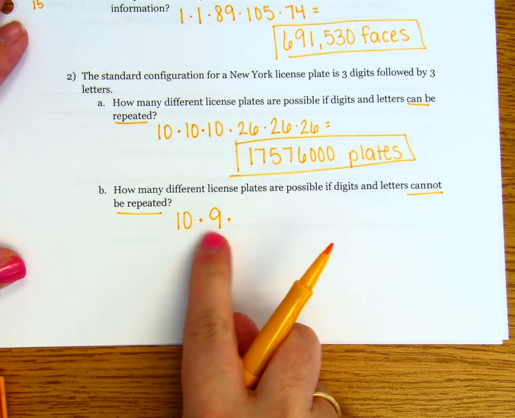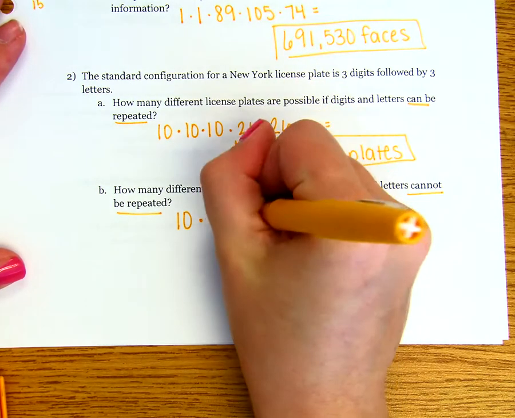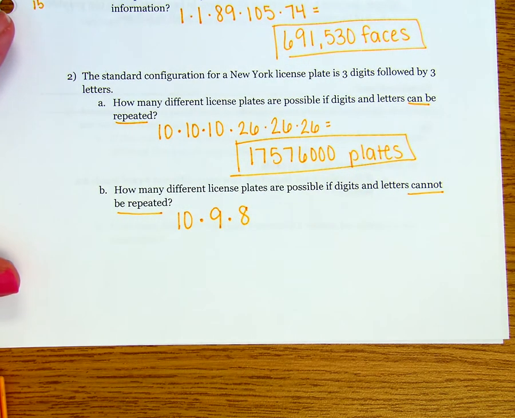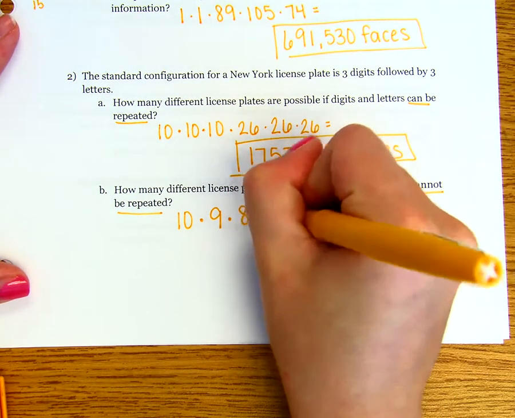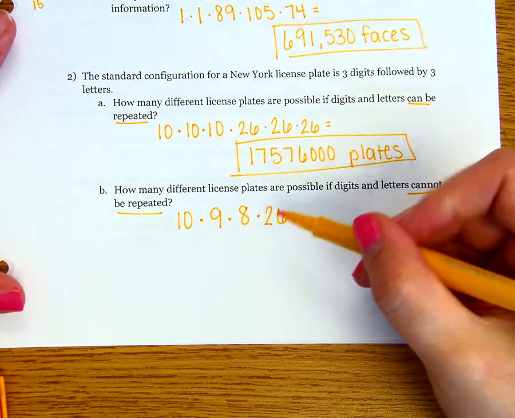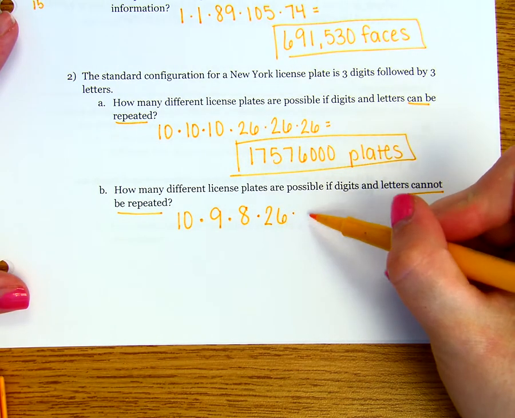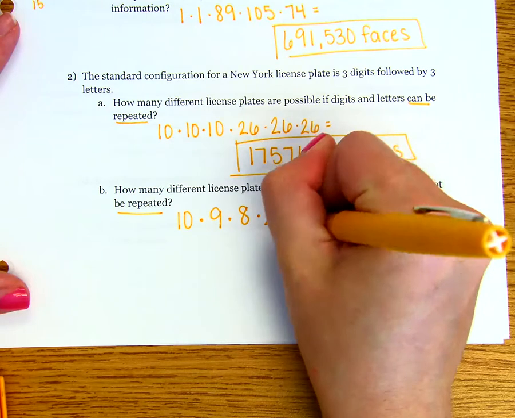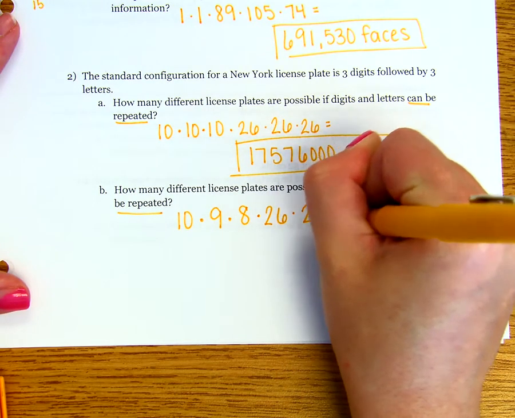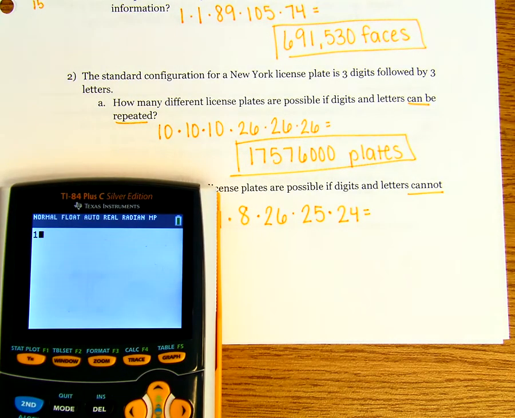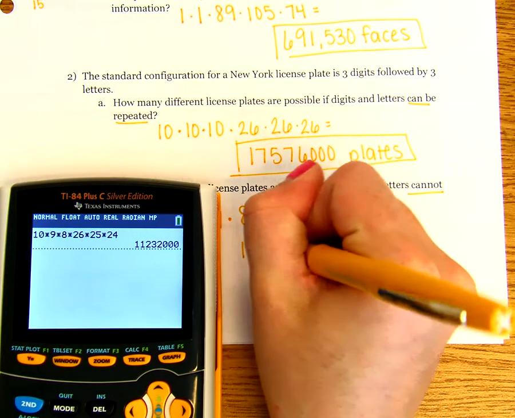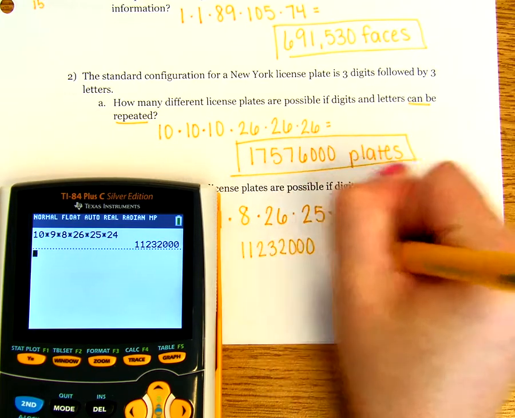And then whatever number is here and here I can't use again, so that leaves me with 8 choices for my third digit. Same thing's going to happen with letters. You have 26 letters to choose from for the first letter, but then for the second letter you can't use the first one, so you only have 25, and then you would have 24. So then we would plug this into the calculator, 10 times 9 times 8 times 26 times 25 times 24. Then we get 11,232,000 plates.